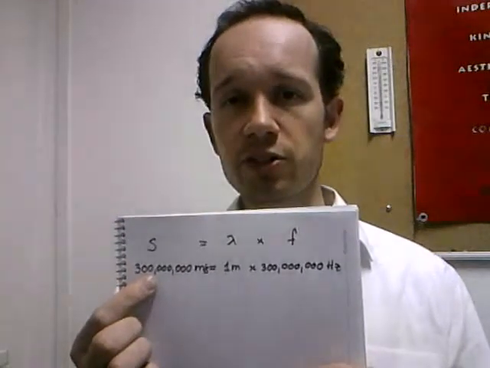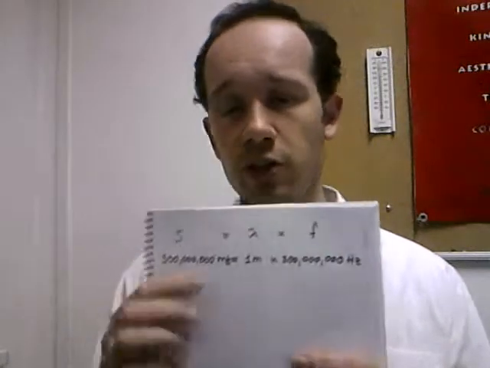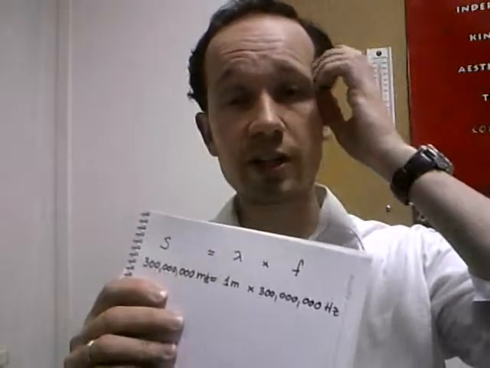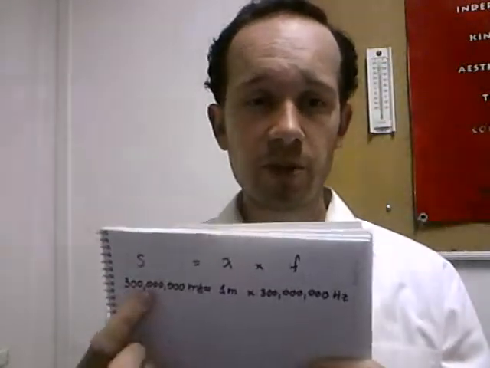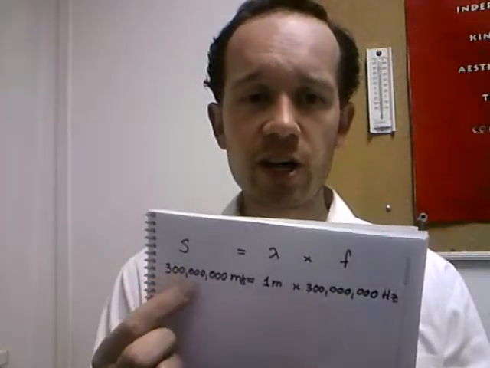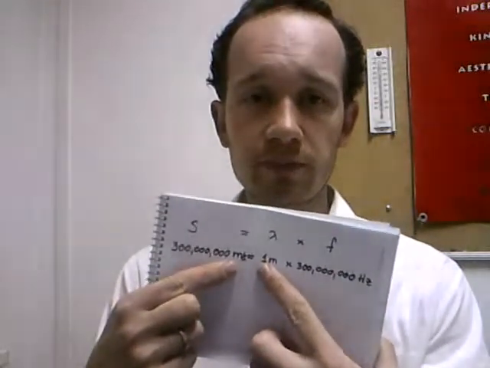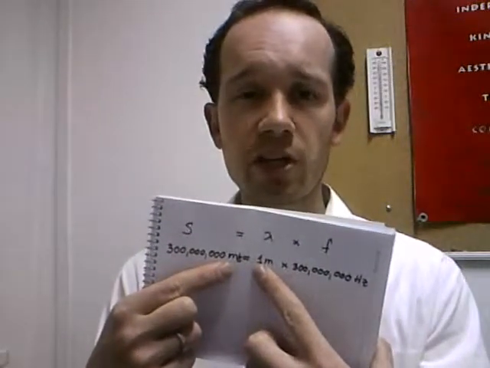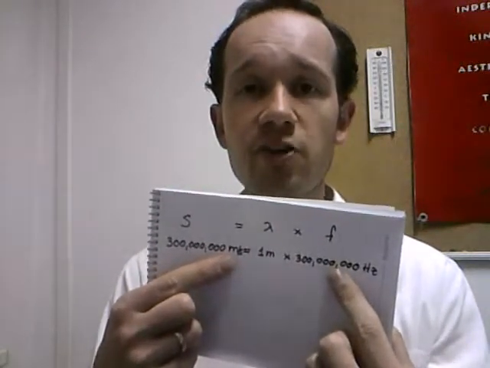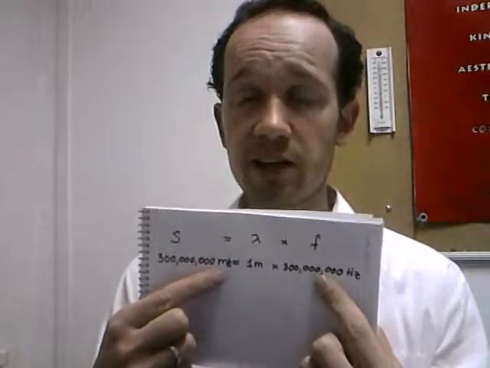You can imagine how difficult it is to measure these types of speeds. In your textbook, on the next page, I think page 534, it explains some experiments that were done early on to measure the speed of light. But just to help you with the reading of the equation, if the speed of light is 300 million meters per second, and let's say the light has a wavelength of 1 meter, so the length of the electromagnetic wave is 1 meter, then the frequency would have to be 300 million hertz, or 300 million vibrations per second.